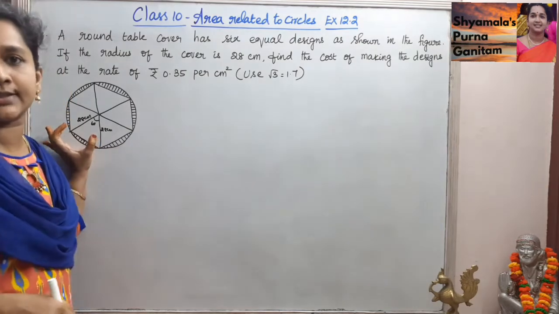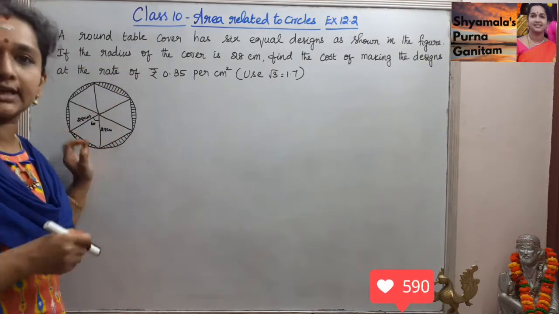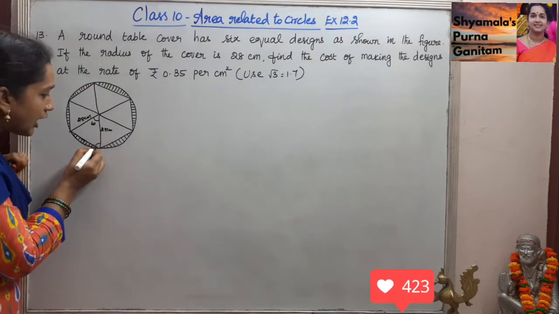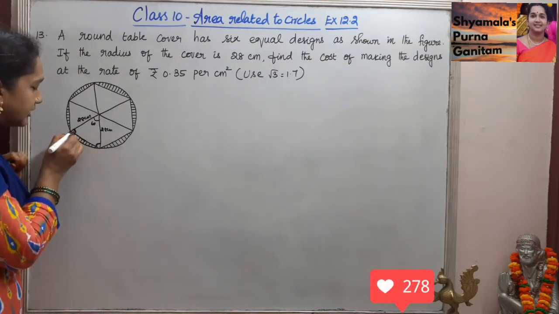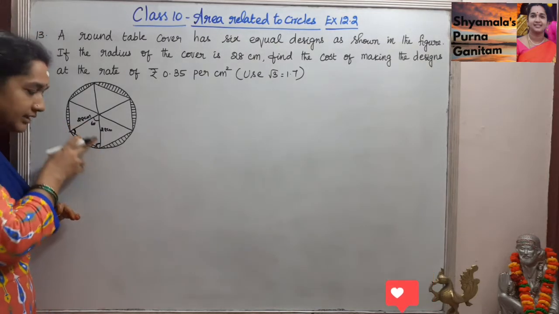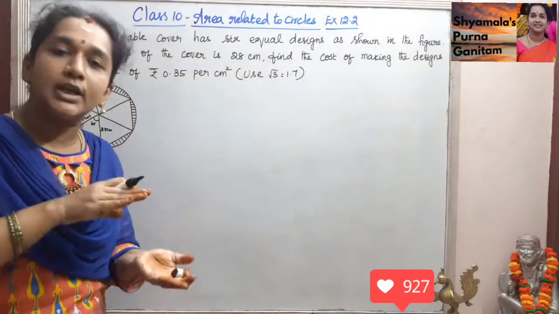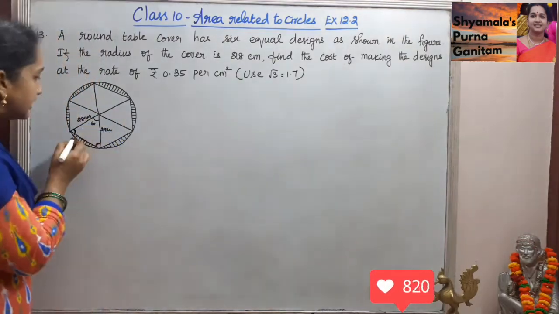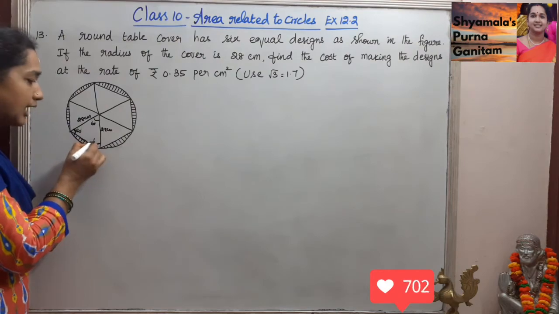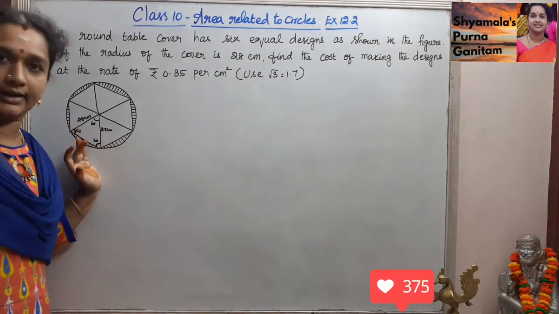Since it is an isosceles triangle, angles opposite to the equal sides are equal. This angle and this angle will be equal. Here this is 60 degree. The balance is 120 degree. 120 divided by 2, we get this angle also as 60 degree. So it forms an equilateral triangle.